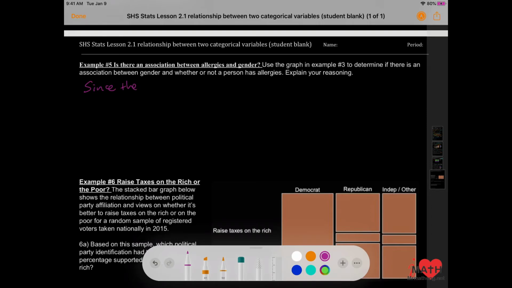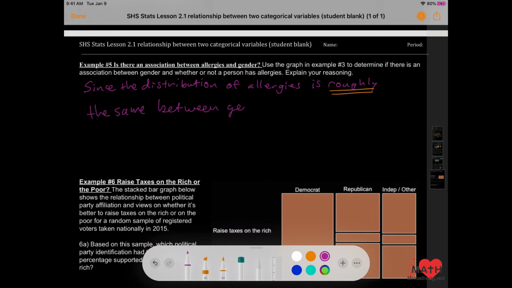Since the distribution, that is our new graph, the stacked bar chart of allergies, is roughly the same between genders. Remember, in statistics we're never using absolute words. You're always using approximately, close to.